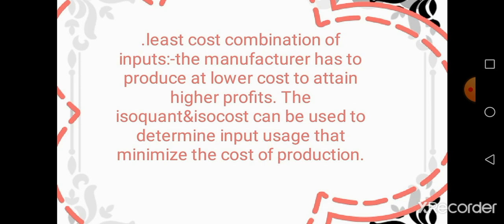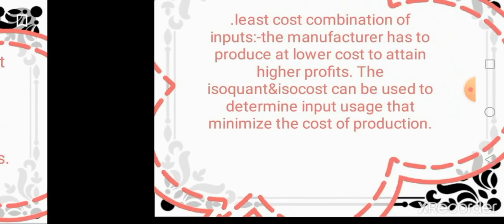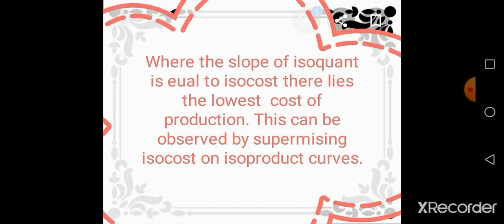If you take a graph, the isoquant and isocost curves are drawn on the same graph, and the point where the isoquant intersects or touches the isocost is called the least cost combination of inputs.